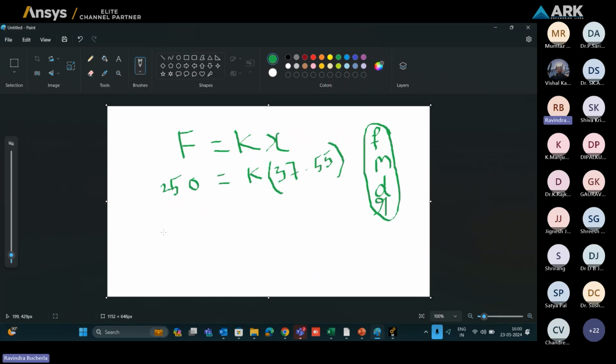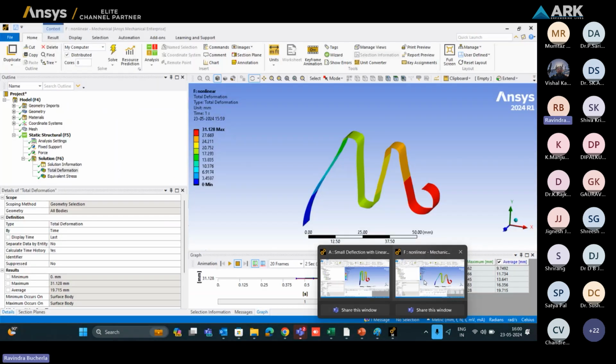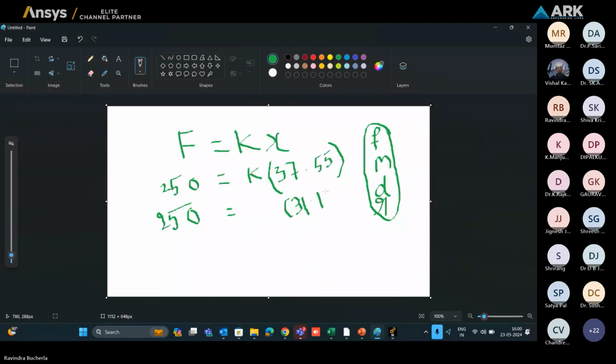For the same load that we applied, 250 newtons, we are getting 31.128 as the deformation because the stiffness of the model is changed. Because of that, we got this different deformation.